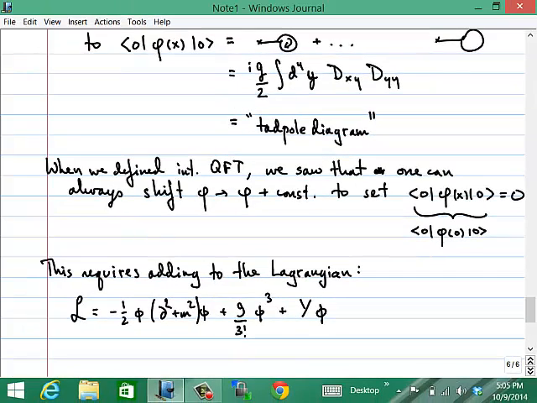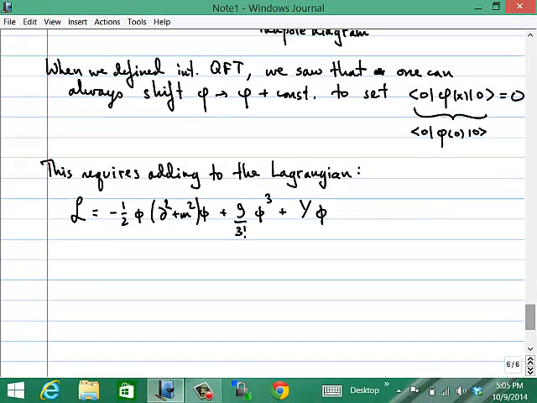Why is that? Well, because this linear term will lead to a new type of Feynman diagram. Okay, a new contribution where, in particular, a new vertex, which will allow us to cancel all of the contributions to the one-point function here coming from the Feynman diagrams.